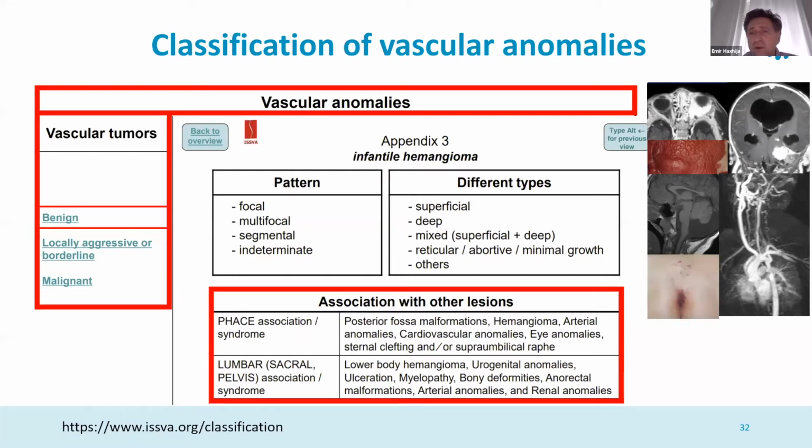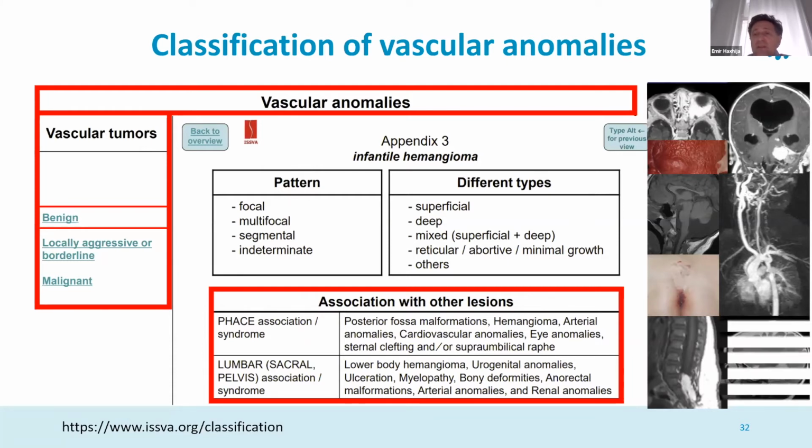Here, the lumbar, pelvis or sacral syndrome, there are more associations described today than here in this 2018 classification of ISSVA, which also are sometimes associated with intraspinal lipoma or even other anomalies like anal atresia or kidney anomalies, and sometimes even cerebral anomalies.